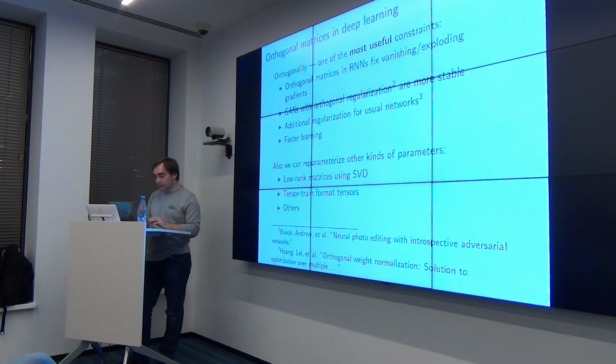Also, in the experiments we see that this makes learning faster. And we can also use orthogonal matrices to reparameterize other kinds of parameters. For example, we can reparameterize low-rank matrices using SVD. And the most interesting example is tensors in tensor train format. And there are also other parameters which we can reparameterize.